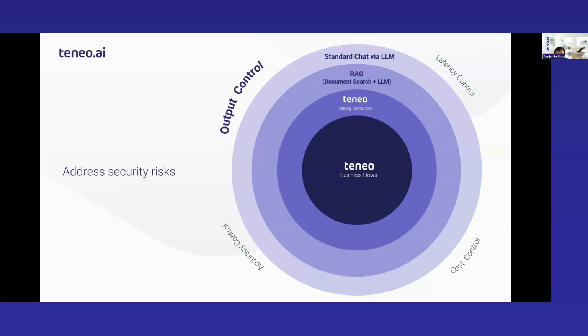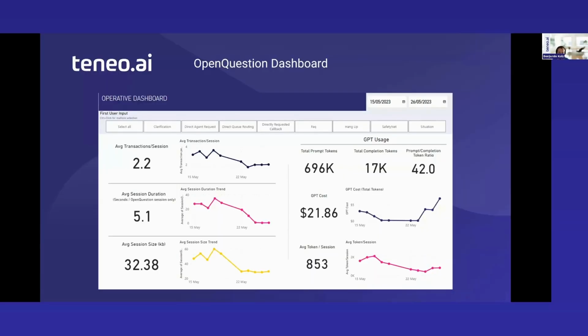There's also one slide that is not directly related to our template solution, this generative Q&A, but which is the dashboard actually that is from our contact center solution called Open Question. And this looks like that. And it makes it possible for you inside your project also to track basically the costs that you spend, for example, on GPT, right?